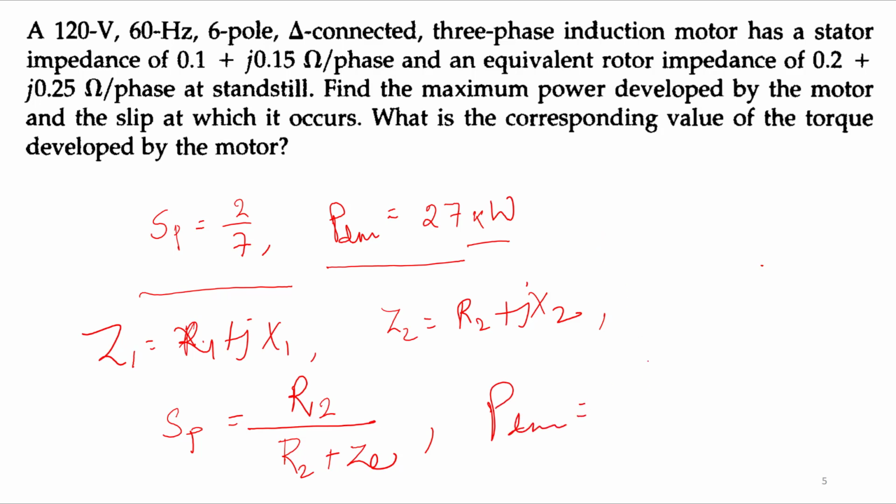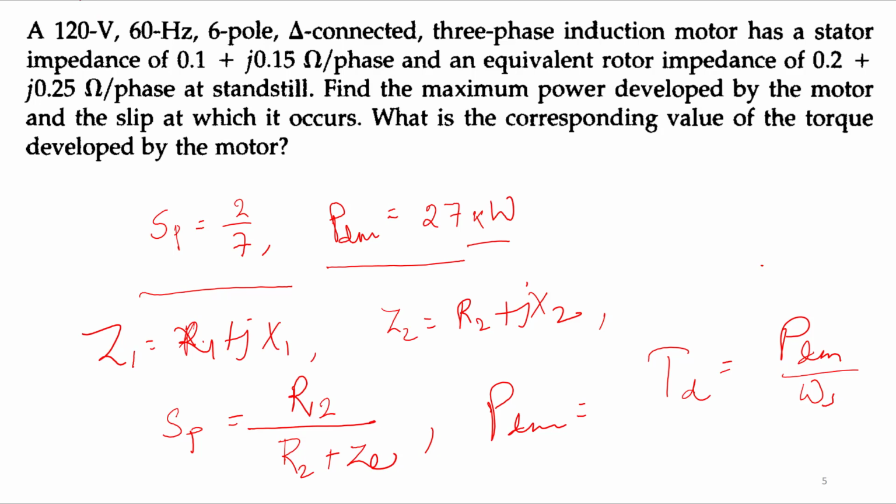And if you want to find the torque, you have to divide PDM by omega s. Omega s you can find from the given data, that is 60 hertz, 6 pole. So you can find 120 F by P, then you convert it to omega, right? Okay, I hope everybody understood.